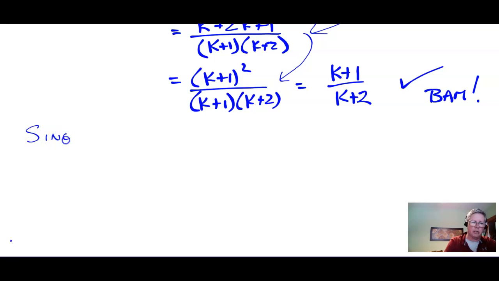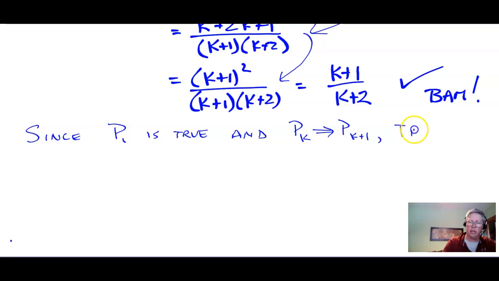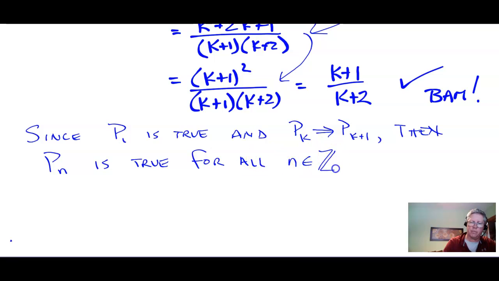Since P sub 1 is true, and that's just saying the base case is true, S sub 1 equals A sub 1, and P sub k implies P sub k plus 1, then the proposition P sub n is true for all n elements of positive integers.